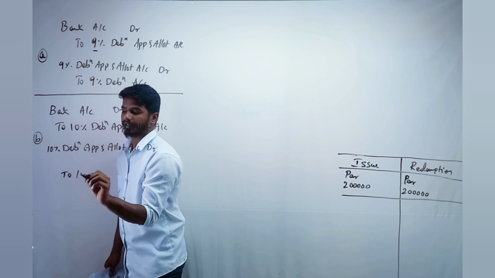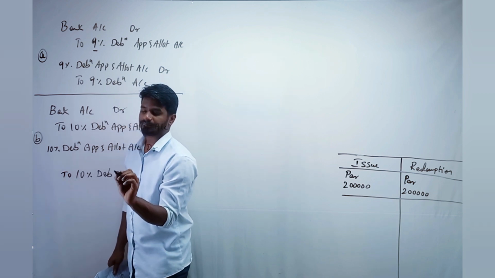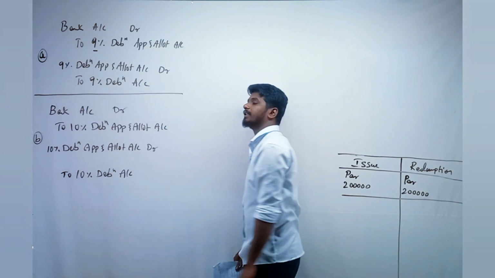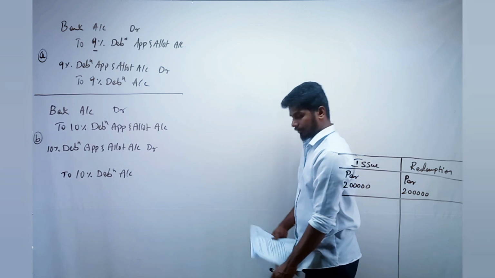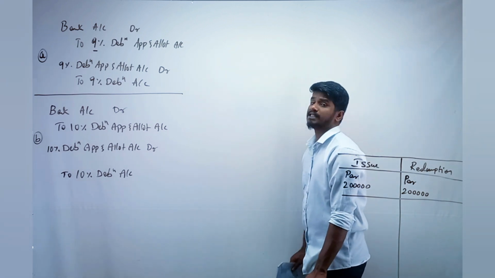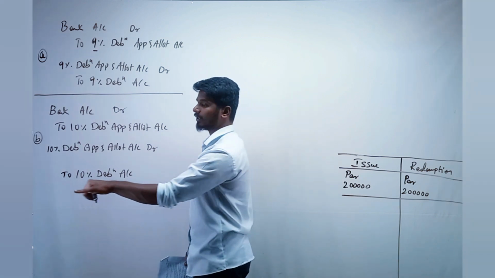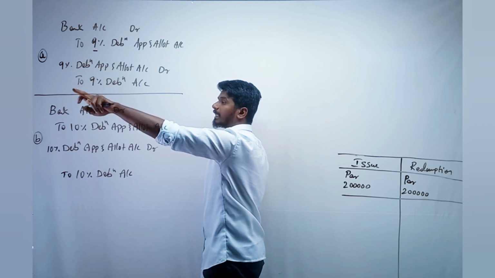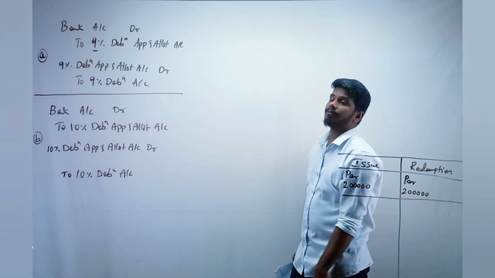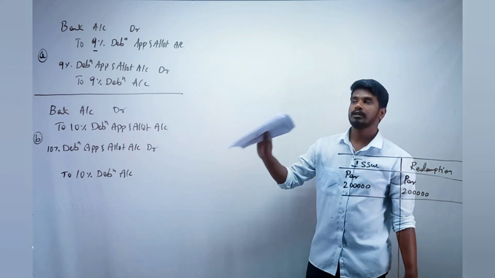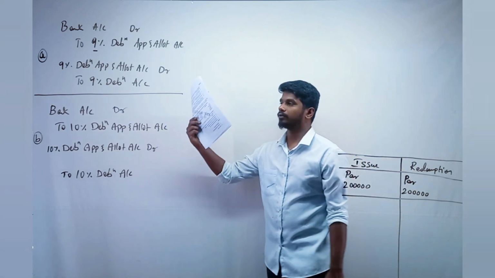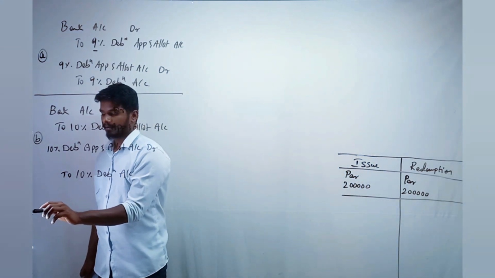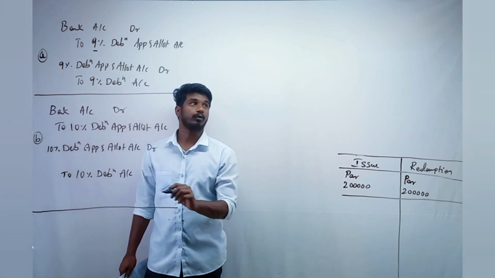To 10% debenture account. So the narration will be application money transferred to debenture account, for these two. Here application money received, here application money transferred to debenture account. Narration will be same for all the 4 or 8 journal entries, correct? Okay, so that's it. Second one is also over.